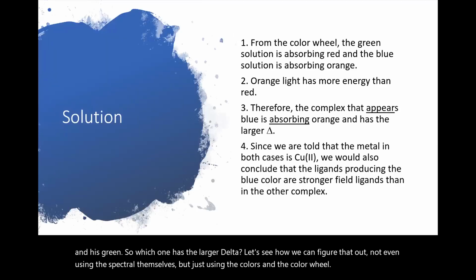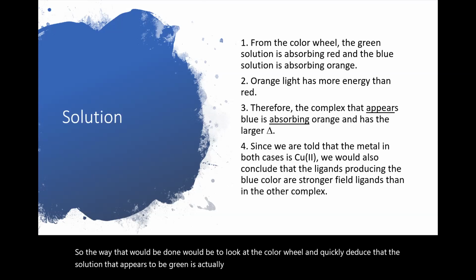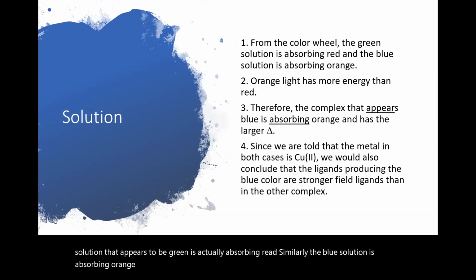So the way that that would be done would be to look at the color wheel and quickly deduce that the solution that appears to be green is actually absorbing red. Similarly, the blue solution is absorbing orange. We know that orange light has more energy than red, therefore the complex that appears blue has the larger delta.